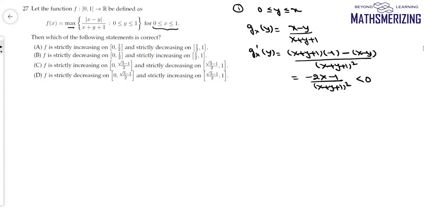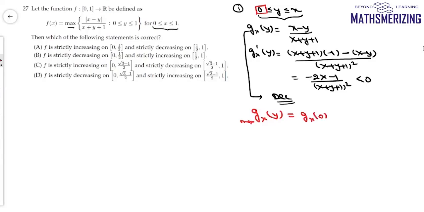So that means in this interval from 0 to x, this function g(x, y) is a decreasing function. Now if the function is decreasing, then the maximum value occurs at the start of this interval. So the maximum value of g(x, y) is equal to g(x) when y is 0. So if I put y as 0, I'll get this function as x upon x plus 1.